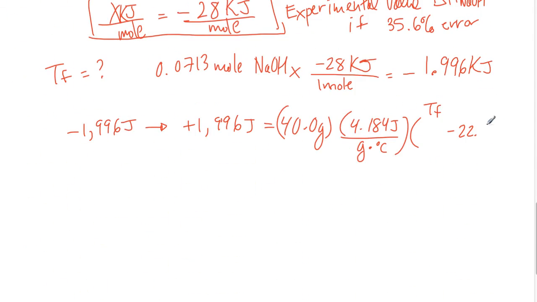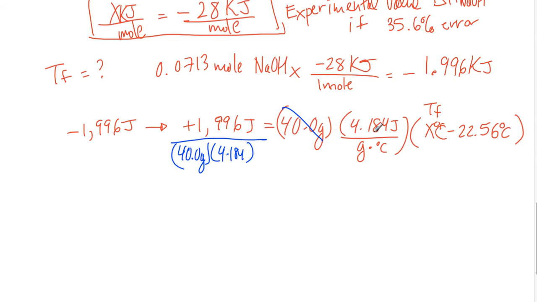So 22.56 degrees C, this is X, and now it becomes algebra again. We divide this side by 40 grams, and we divide it by 4.184. These end up canceling out, and then you add 22.56 to this side, and you have your X degrees C.